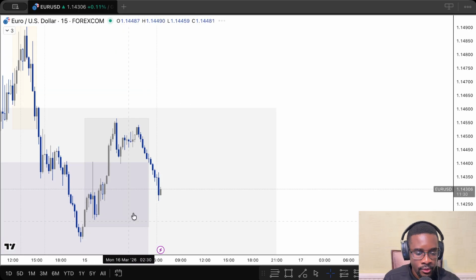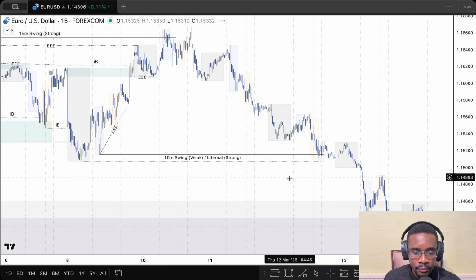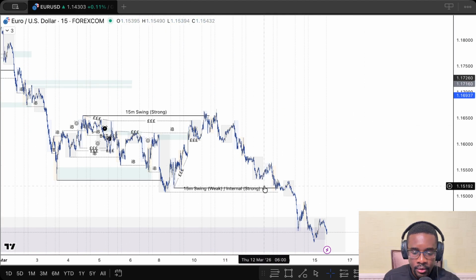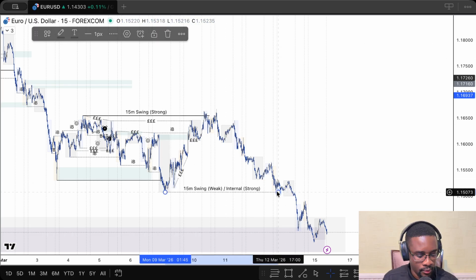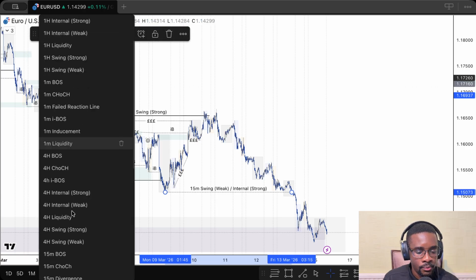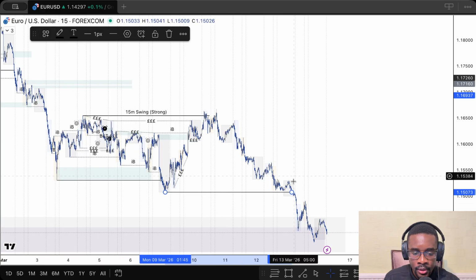So let's look at the 15-minute. Right there we have my 15-minute swing, and then we did have a break of structure bullish, and then we got another break of structure bearish.